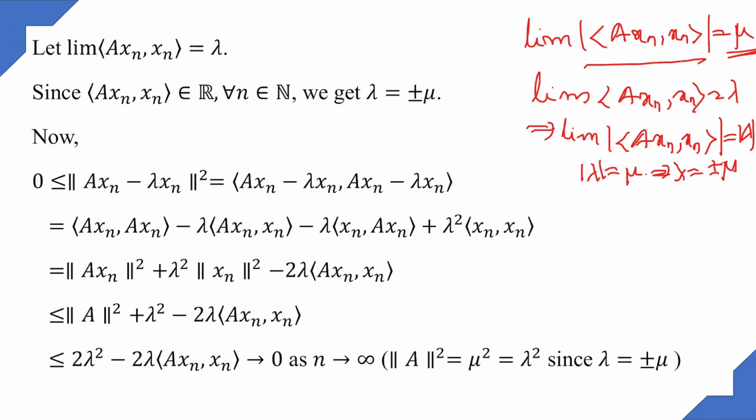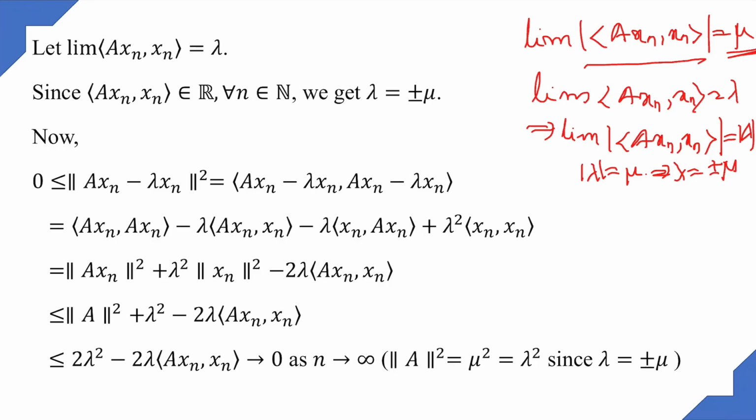Norm of A is mu, so norm of A squared is mu squared, and mu is plus or minus lambda. On squaring we get mu squared equal to lambda squared, so we can write norm of A squared as lambda squared. So lambda squared plus lambda squared, 2 lambda squared, minus 2 lambda times inner product Axn, xn.